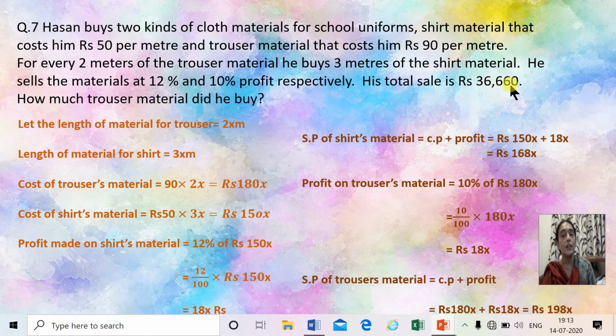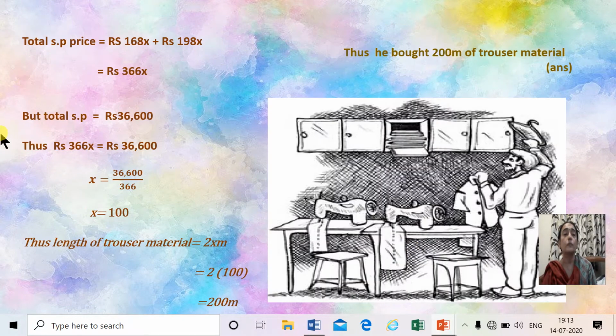Like the previous question, in that we found the total cost of fencing, and the total cost of fencing was also given, 75,000, and we equated 3,000x with 75,000 rupees. Similarly, here also the total selling price we will equate with rupees 36,600.